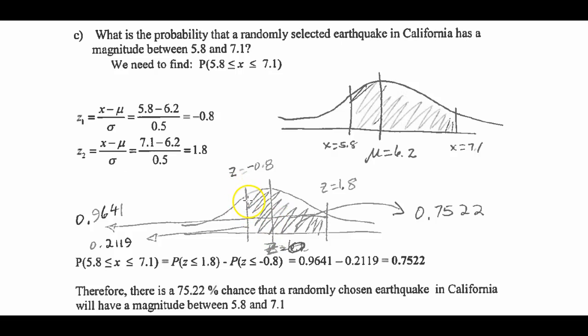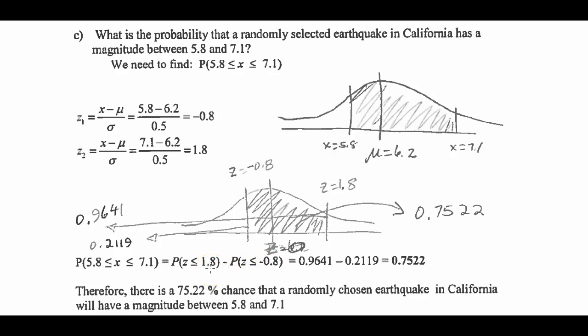I want to go between negative 0.8 and positive 1.8. Written mathematically, finding the probability x lies between these two values is the same as finding the probability or the area that z will lie between negative 0.8 and 1.8.